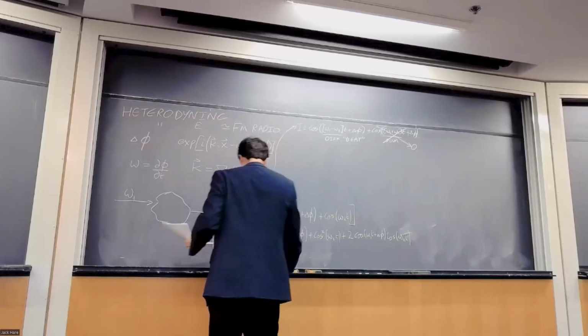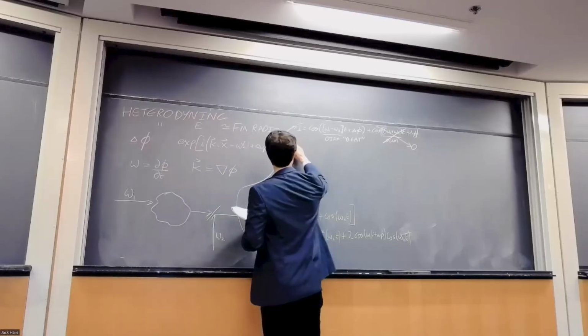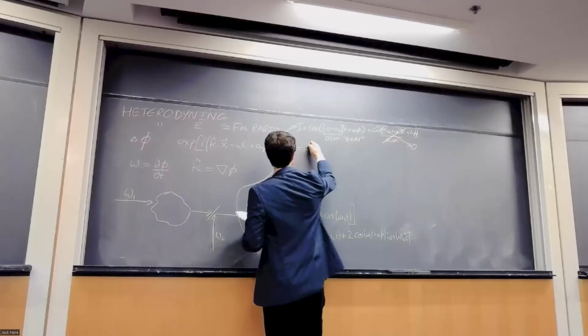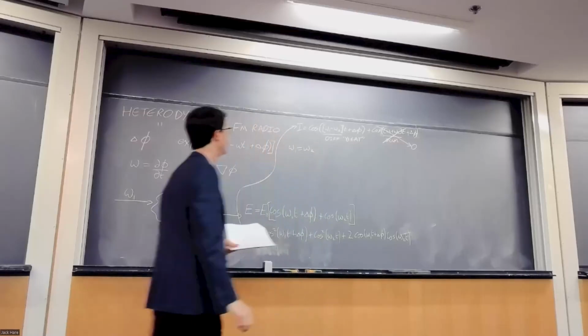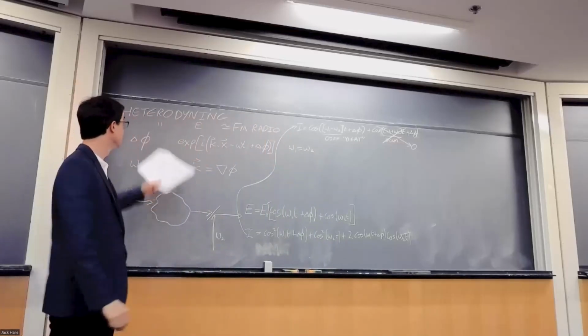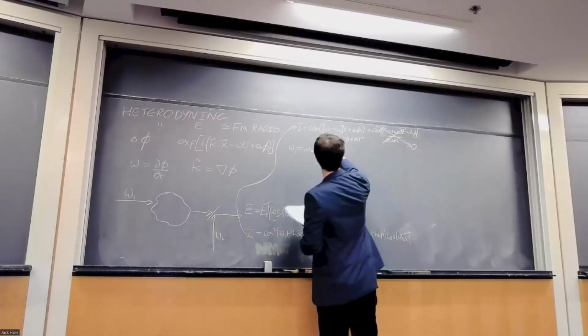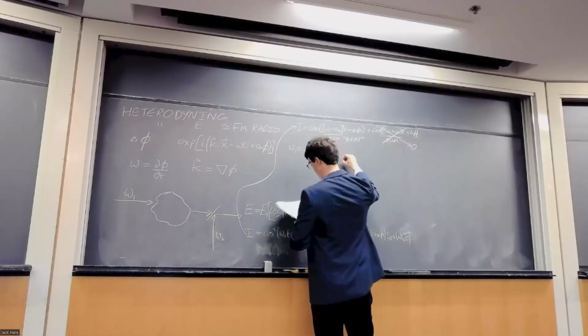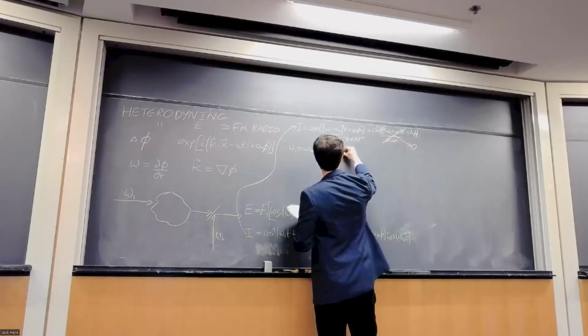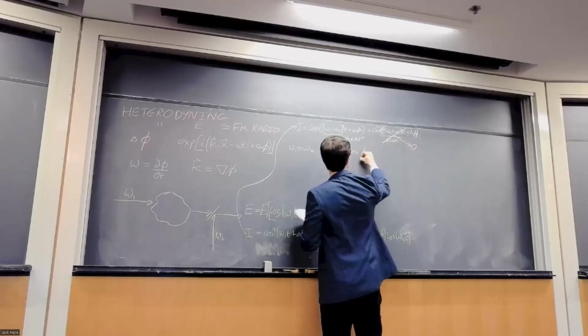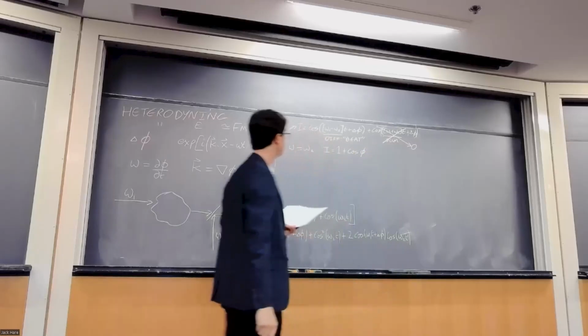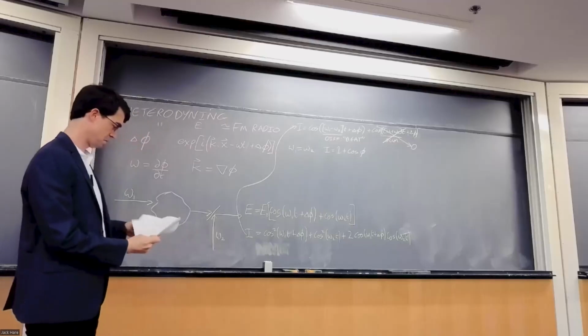Let's just do a little check for our sanity. If we say that omega 1 is equal to omega 2, we've gone back to one of our standard homodyne, not heterodyne, homodyne interferometers. And our homodyne interferometer is going to have I equal to 1 plus cosine phi. Don't ask me where the 1 came from.